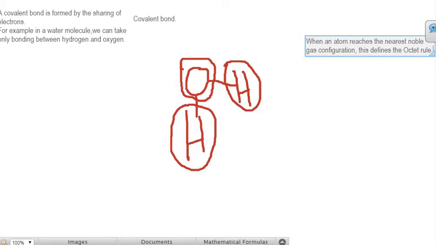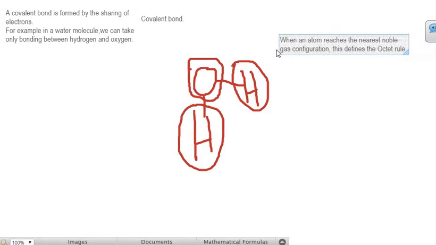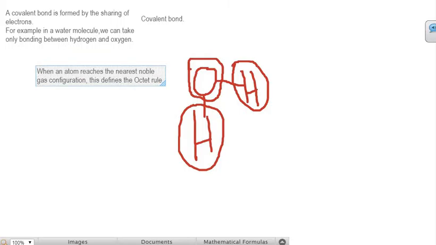Basically, any specific atom has to reach its nearest noble gas configuration, that is like 1s2.